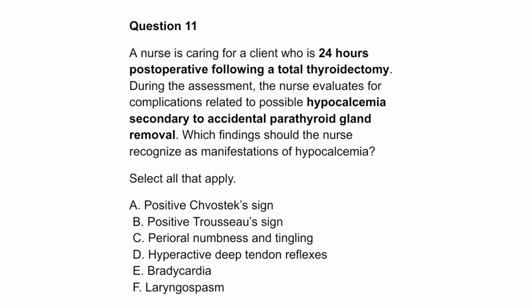Question 11. A nurse is caring for a client who is 24 hours post-operative following a total thyroidectomy. During the assessment, the nurse evaluates for complications related to possible hypocalcemia secondary to accidental parathyroid gland removal. Which findings should the nurse recognize as manifestations of hypocalcemia?